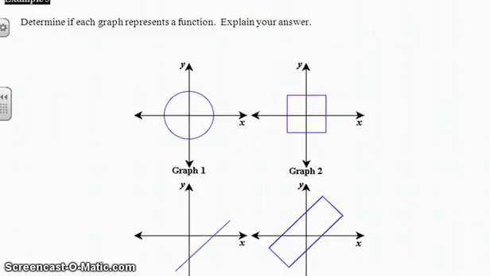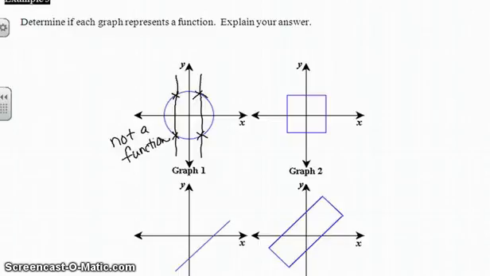Graph 1, the vertical line test says just drop a vertical line anywhere through the graph, and if it crosses in more than one location, it is not a function. So looking at this circle, what do you think? Is that circle a function? Does it represent a function? This one is not a function.